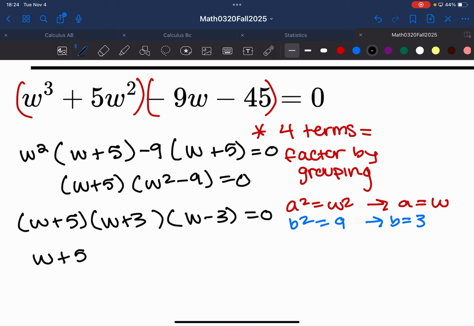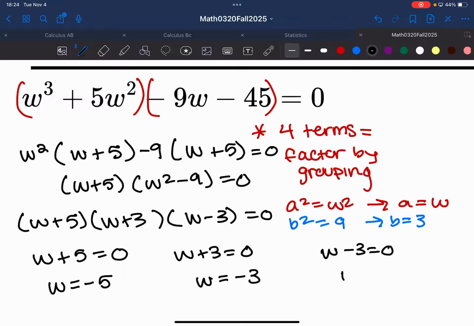So w plus 5 equals 0 means w equals -5. W plus 3 equals 0 means w equals -3. And w minus 3 equals 0 means w equals positive 3. So I have these 3 answers.